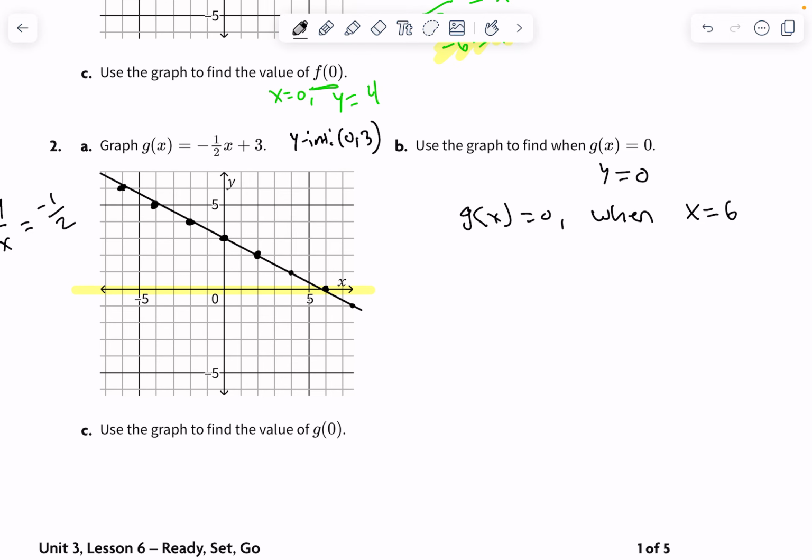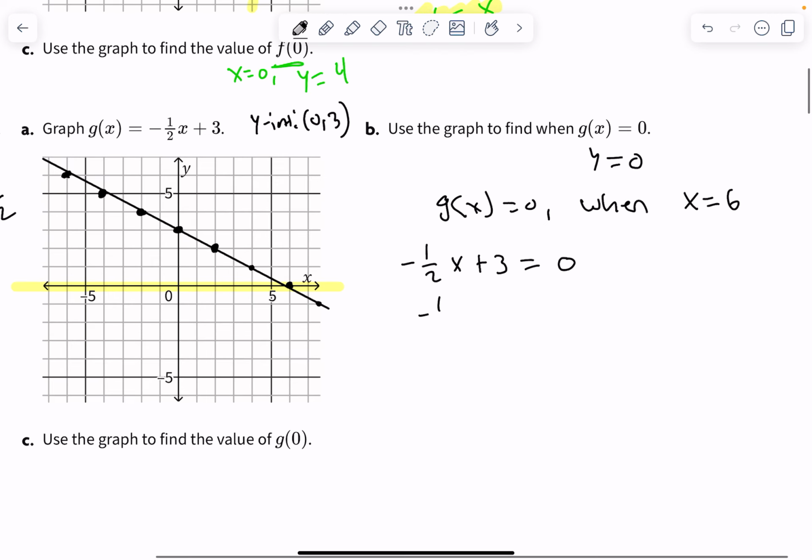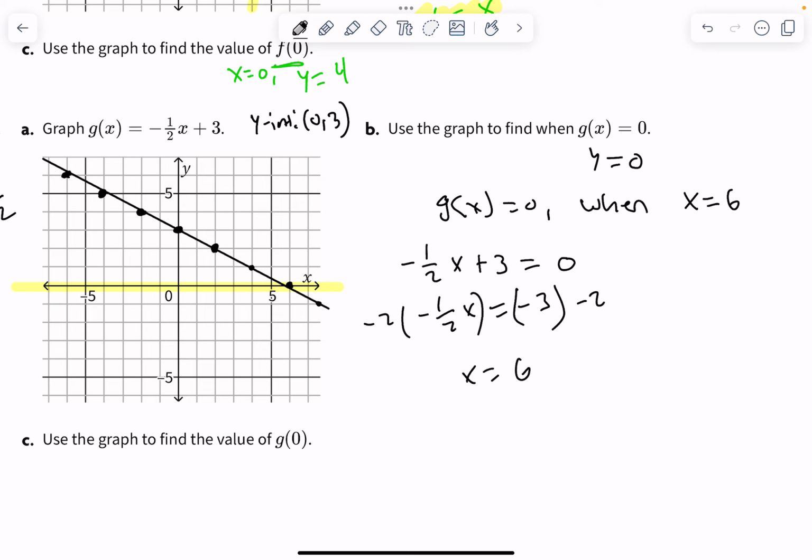Algebraically, you can set negative 1/2 x plus 3 equal to 0 and solve. You get negative 1/2 x is equal to negative 3, and then you multiply both sides by negative 2. x is equal to positive 6.